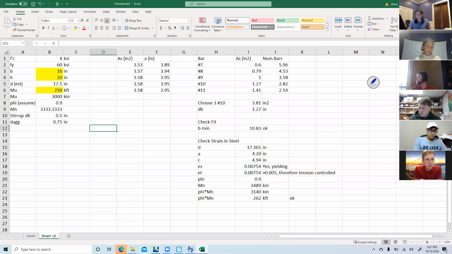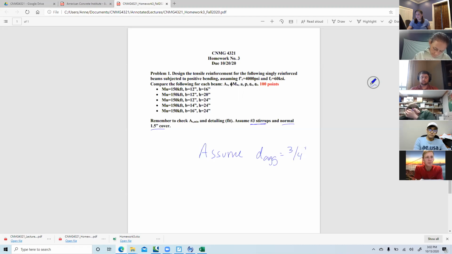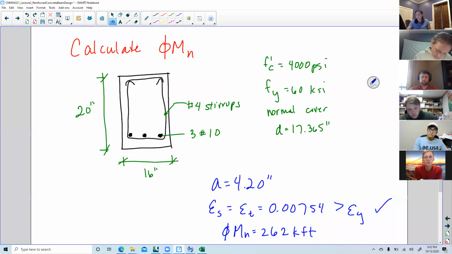So yeah, for your homework, I would recommend making an Excel spreadsheet with like 5 different sheets or however many combinations you want. And that's due on Tuesday, but if you make the Excel, it should go really fast. So, does anybody have any other questions about this process?